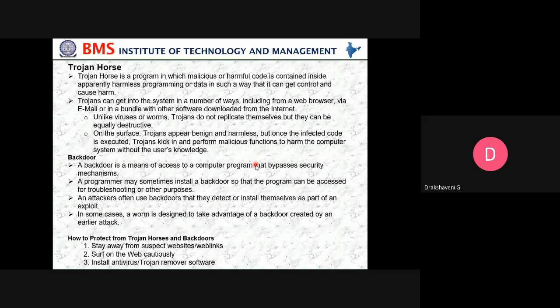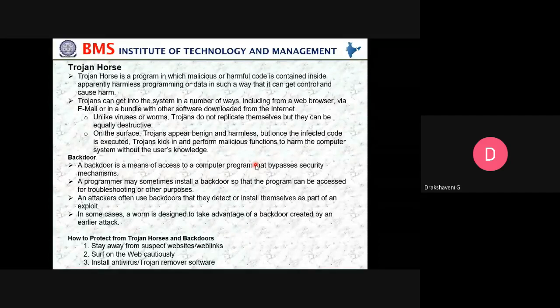Then Trojan virus, Trojan horse. The Trojan horse is a program in which malicious or harmful code is contained inside apparently harmless programs or data in such a way that it can get control and cause harm.